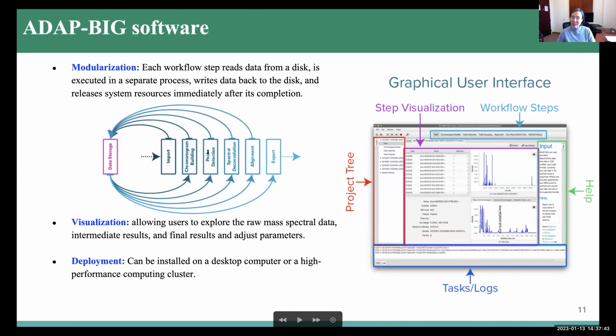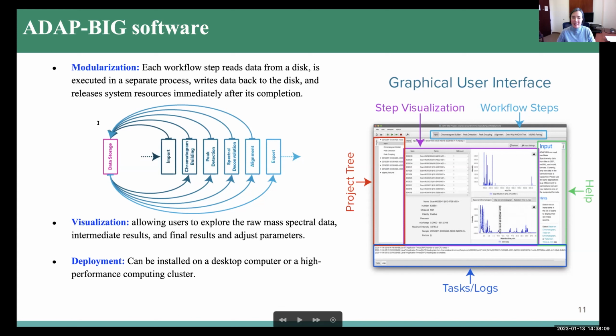Here I'm showing a little more detail. In order to make ADAP Big capable of large-scale analysis, Professor Oliver Fiehn has presented the bin-based approach using AWS. ADAP Big was originally designed as a desktop application because we considered that uploading data to the cloud could take time for open source software.